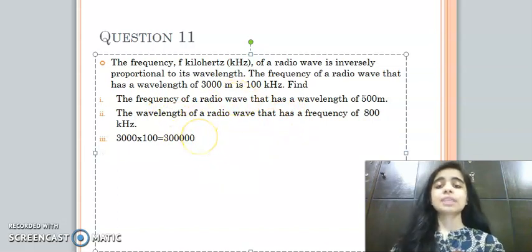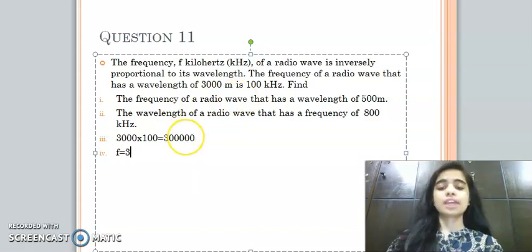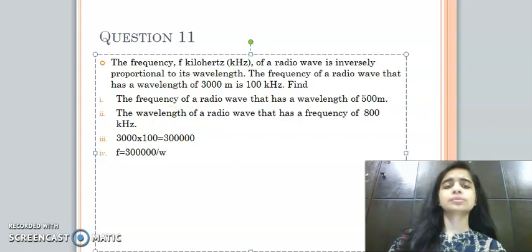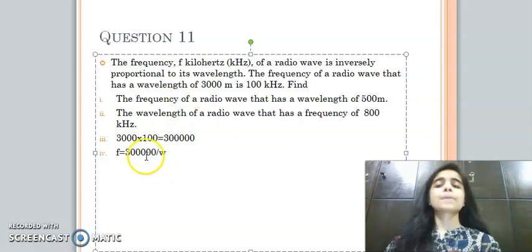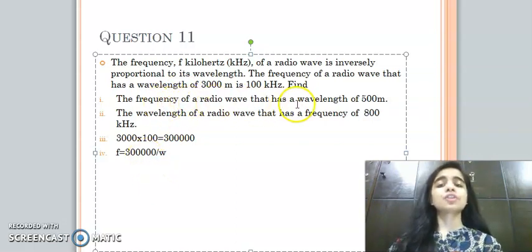Find the frequency of a radio wave that has a wavelength of 500 meters. Alright, so first let's make the formula. So frequency is equal to, this is the k value, 300,000 upon wavelength. Okay, so let's write this as W. Now it says the wavelength of 500, so I'll put 500 over here.